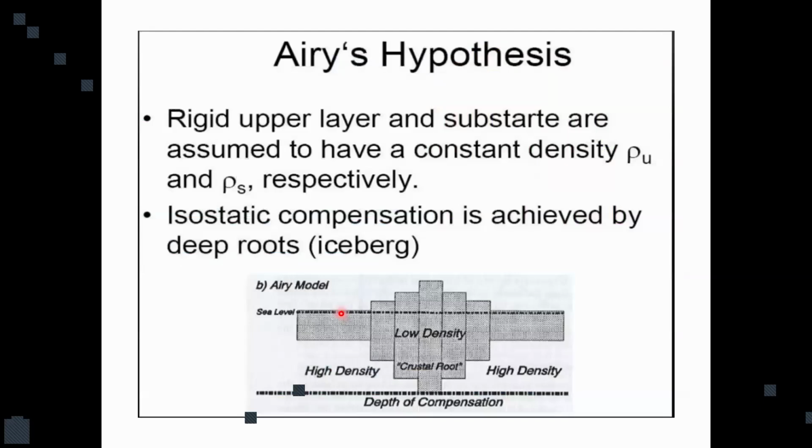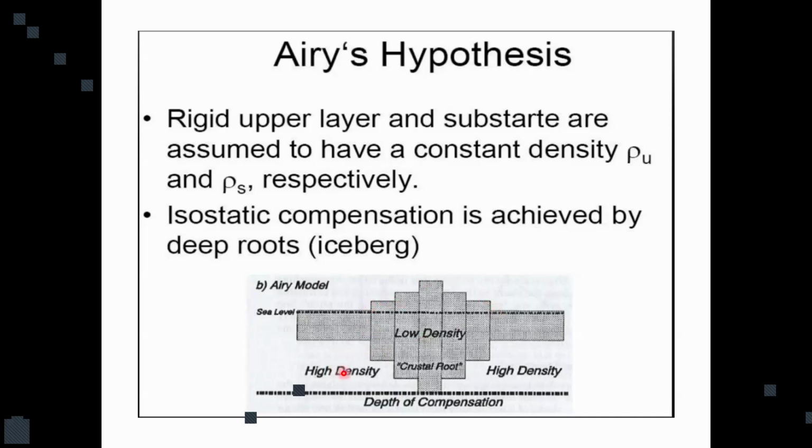So, again, I go over it again. The Airy hypothesis or model says the crust, which is the rigid upper layer, and substrate are assumed to have a constant density. This is sea level. This is above the surface.